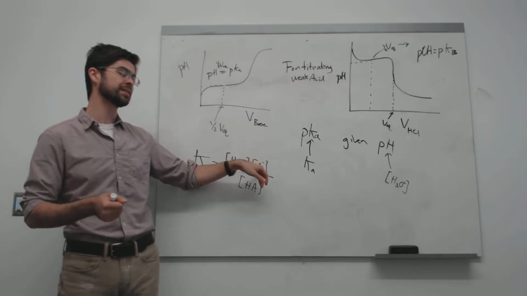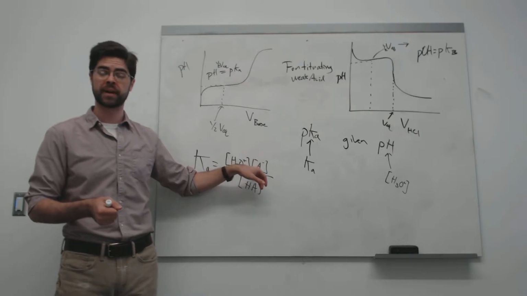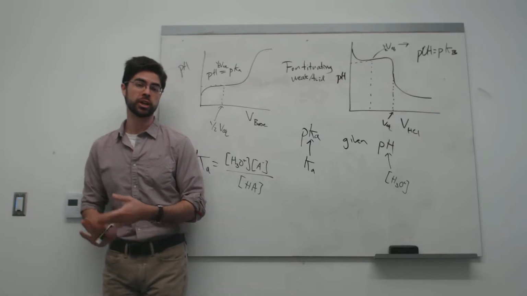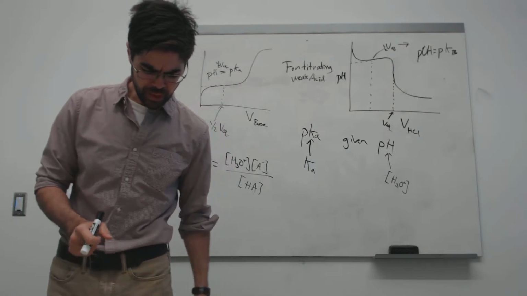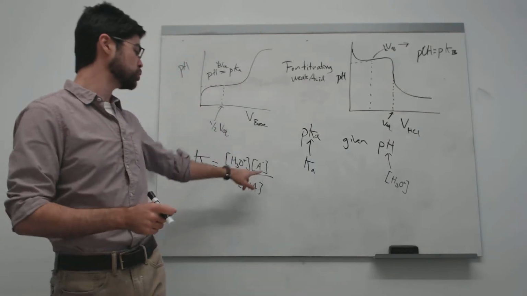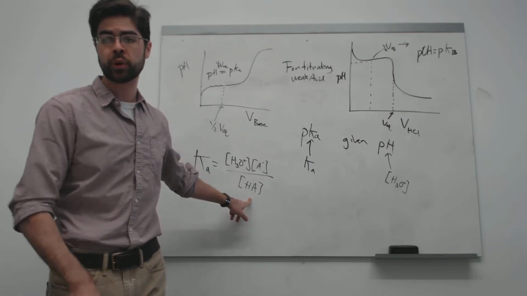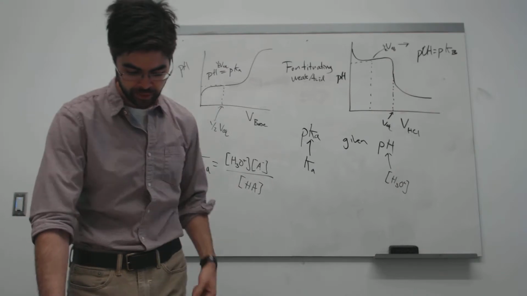And you can assume that the conjugate base concentration is equal to the hydronium concentration. If you have just a weak acid, you can make that approximation, or you can make that assumption. But the point being, your question was, how do you calculate it? You would need to know these values. So the problem would either tell you what those values were, or you would have to infer their value based upon other information given in the problem.